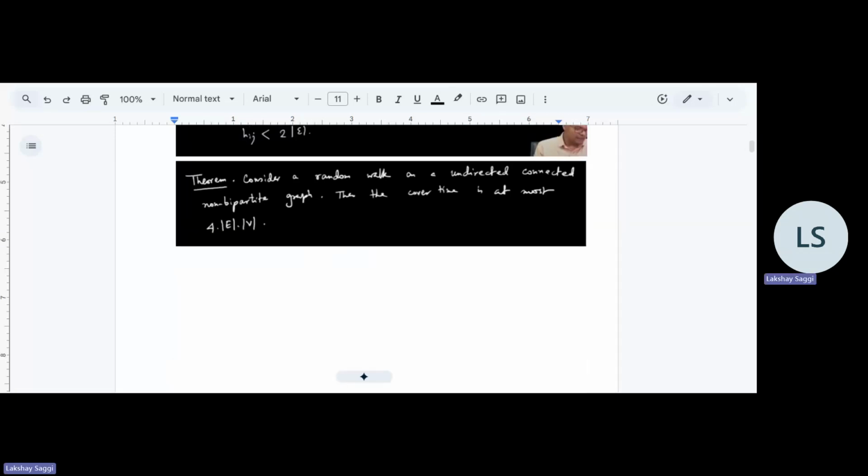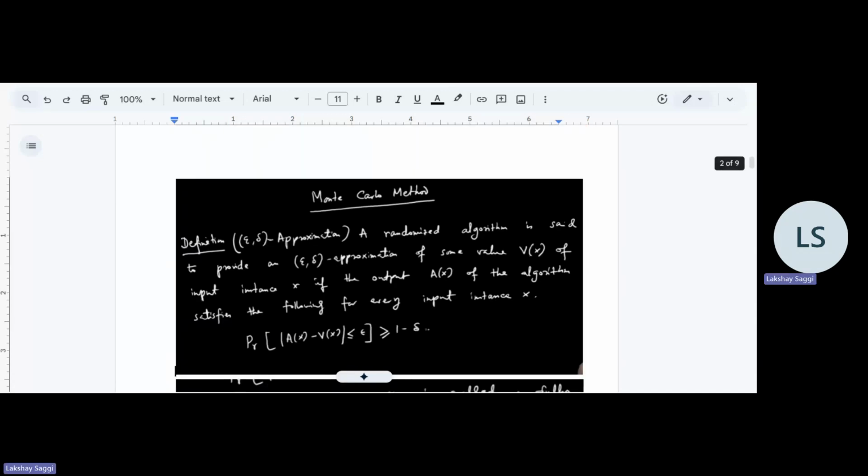So after going over this, there were discussions around further algorithmic uses of Markov chains.